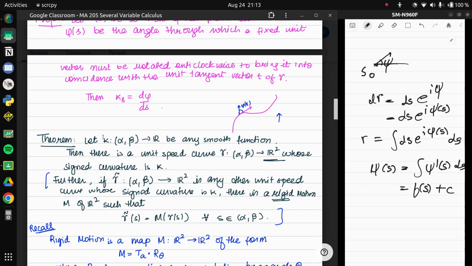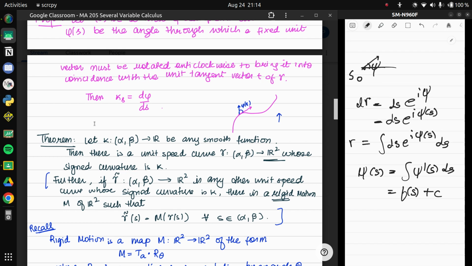This is also a function of s, but the reason I'm doing this constant thing is to show that whatever psi 1 or psi 2 you have in different curves, both of these would be the same thing up to a constant. Yeah, it will be just that, because the initial psi value determines everything.